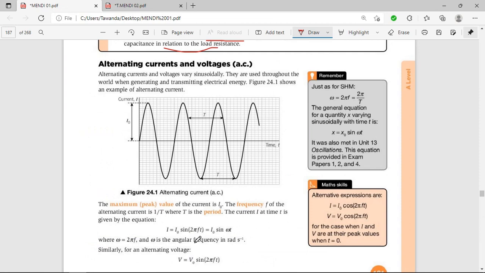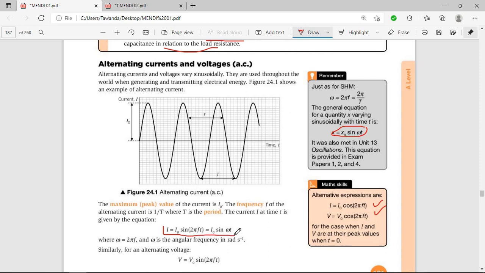So these are the two equations which represent it. A sinusoidal graph is written in this form: x is equal to x naught sine omega t. X can be represented by current or voltage. So this one is our equation. Current is equal to current peak value cos 2 pi f t. That is, if the graph starts at the maximum, it will be cos, but these are the general equations for the current.